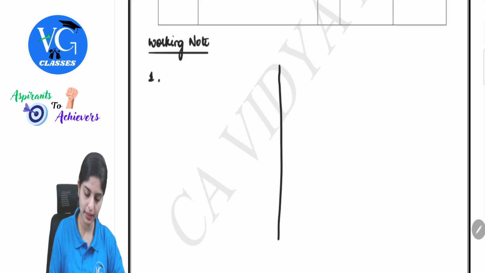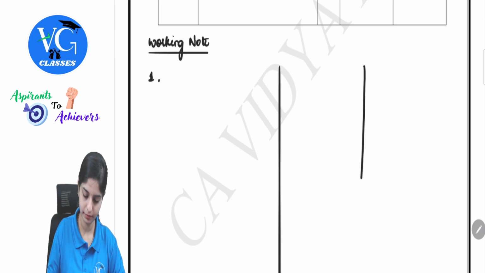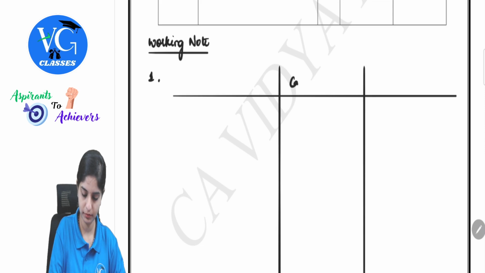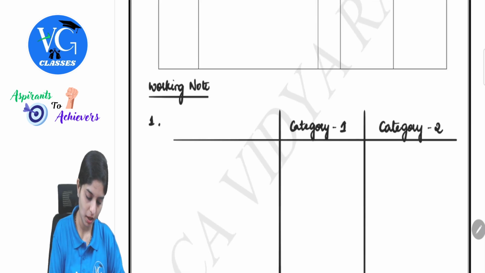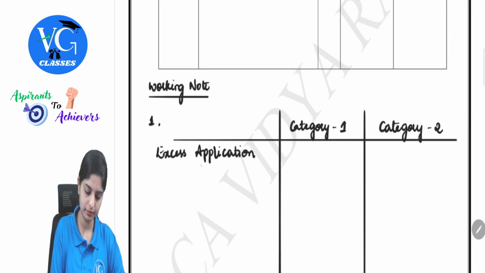So there are two categories. Category 1 and then category 2. How much is the excess application money received?